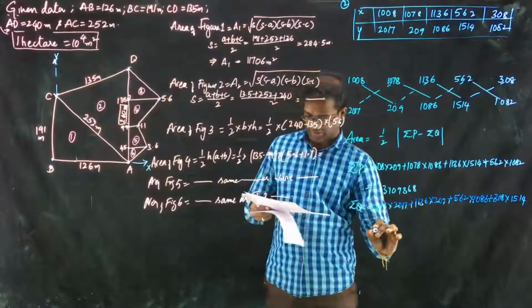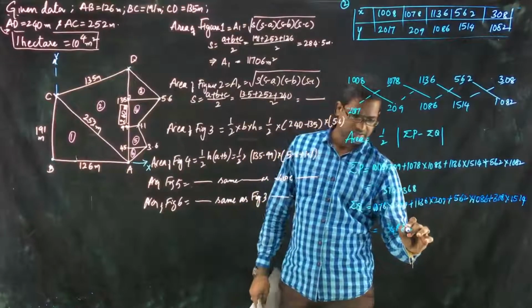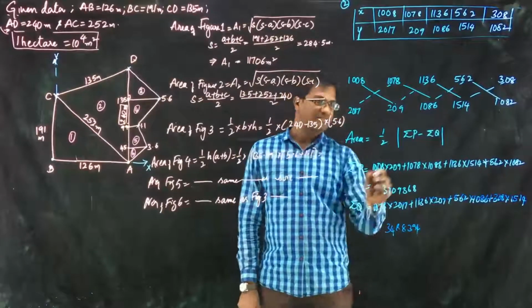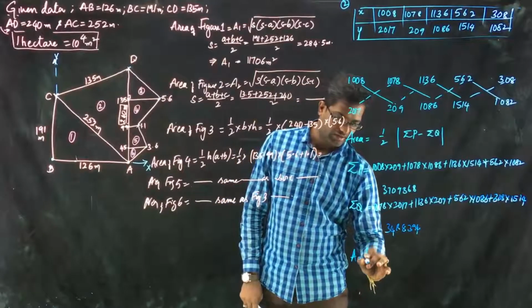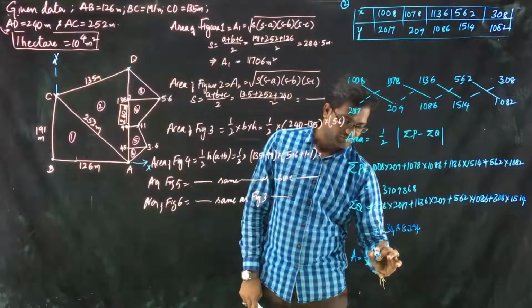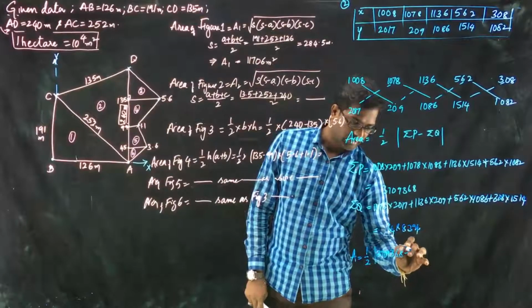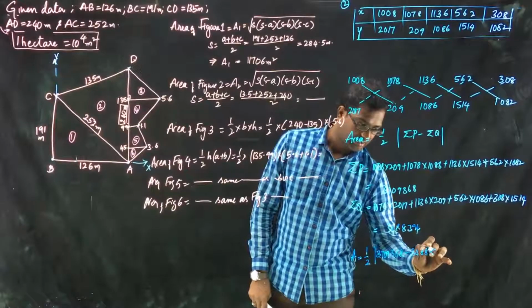So this will give you a value of 3488394. Fine. So back substitute, you will get an area of half into modulus of 3709368 minus 3488394.